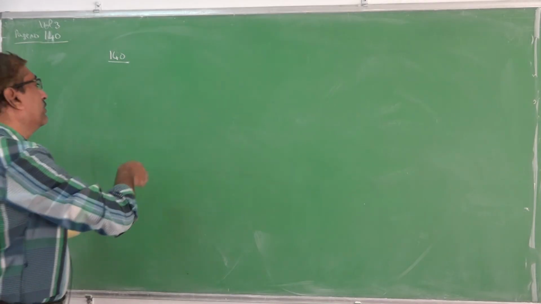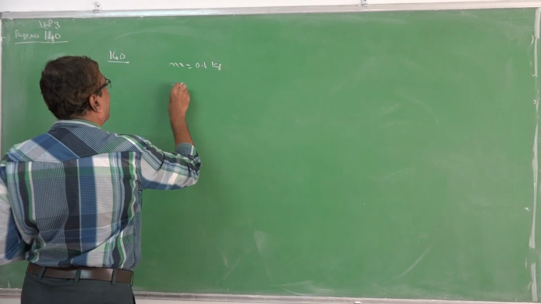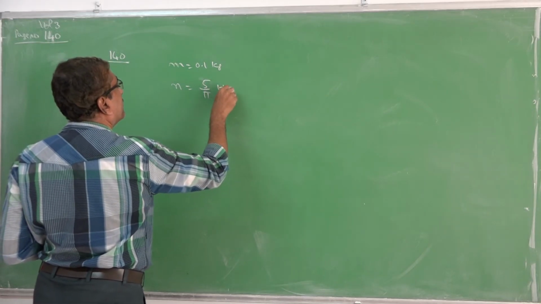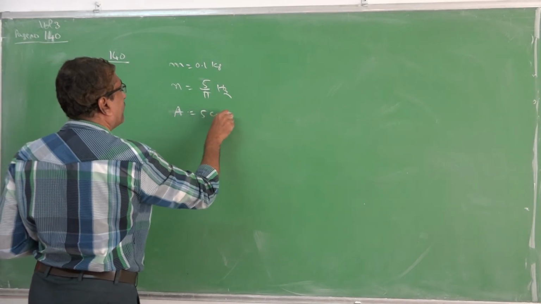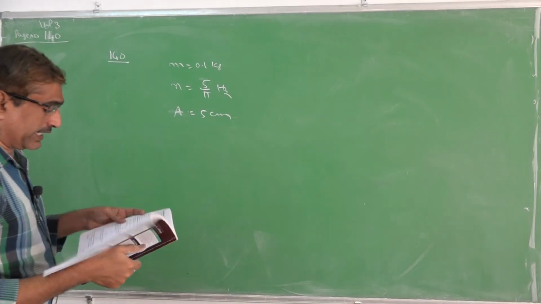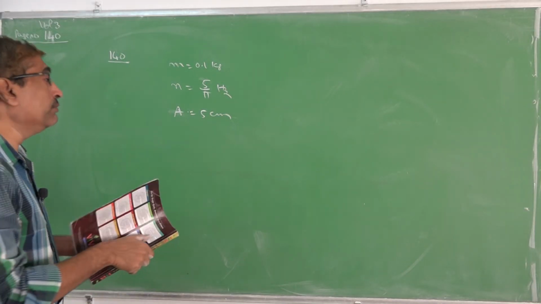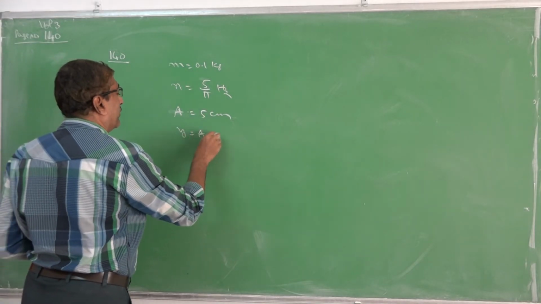The mass is 0.1 kg, frequency n is equal to 5 by pi hertz and amplitude A is 5 centimeter. Then the maximum force acting on it, at the extreme position, means y is equal to A.